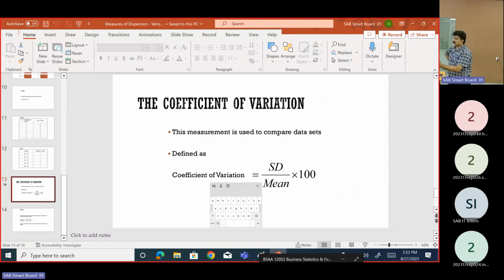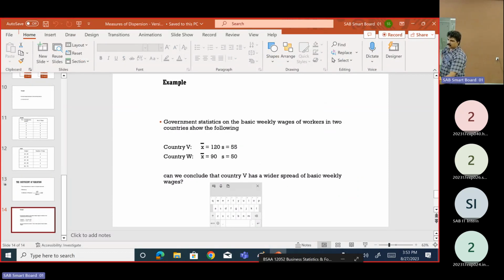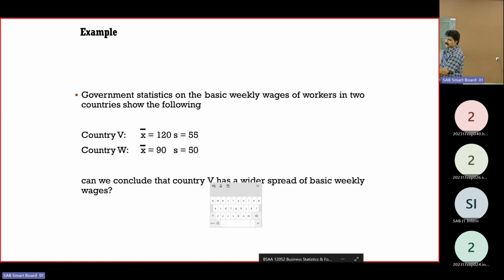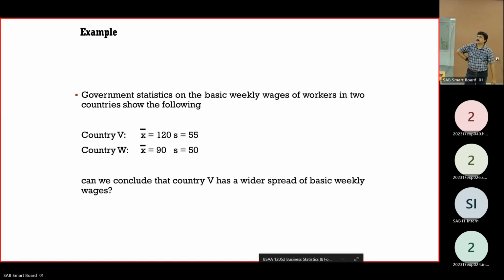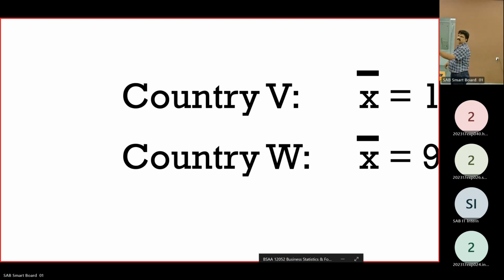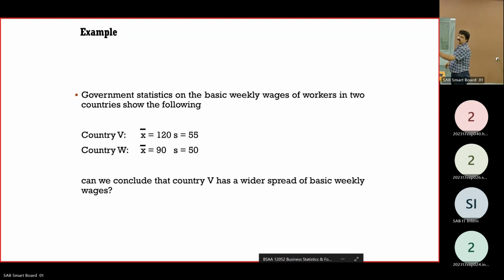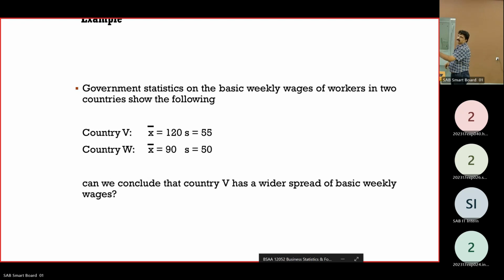So this is what we discussed. Take one example and finish chapter 2. The example says: government statistics on basic weekly wages of workers in two countries show the following.